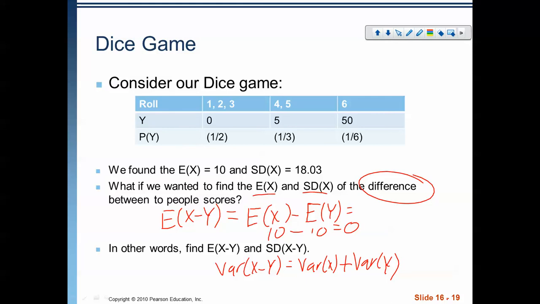However, what that means is the standard deviation of X minus Y is the same as the standard deviation of X plus Y. So we have already calculated this. It's 25.498. Because variances, when we're combining two random variables, always add. So it's going to be the same answer.